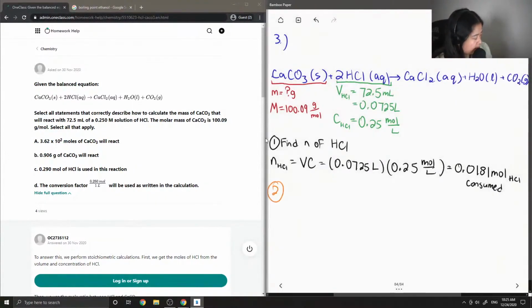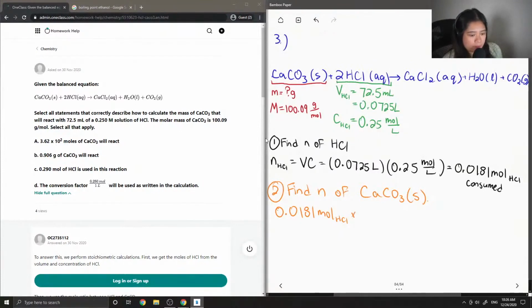Okay, so step 2 is to find the number of moles of calcium carbonate. If we know how many moles of hydrochloric acid was consumed, by multiplying it by the molar ratio, we can also find out the number of moles of calcium carbonate that reacted.